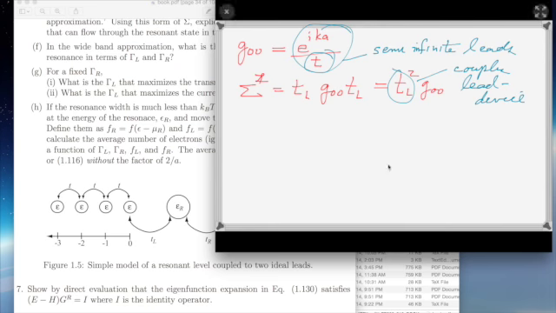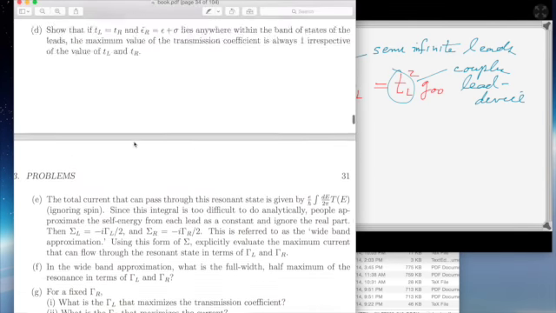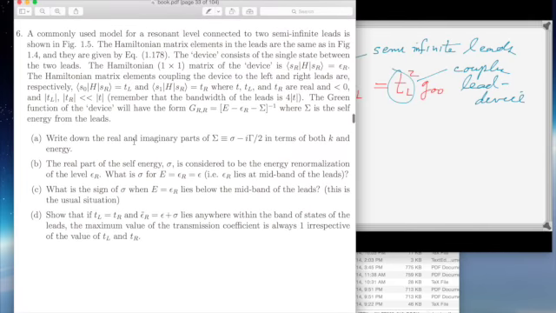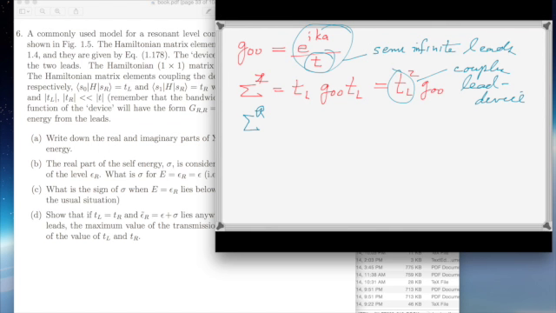Yeah, so we're looking at the very first problem, 6A. So you need to get sigma. Sigma is going to have two parts. Can't you define sigma as T e to the power iKa?